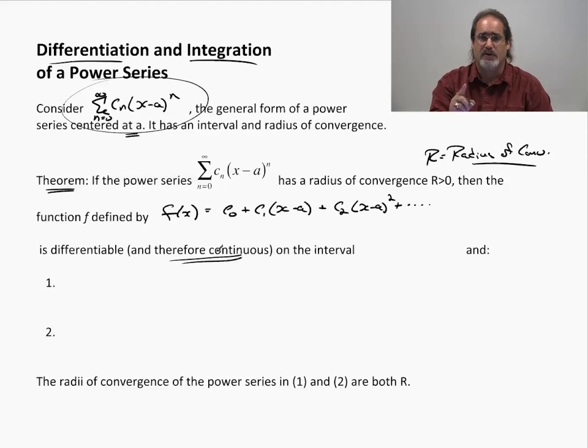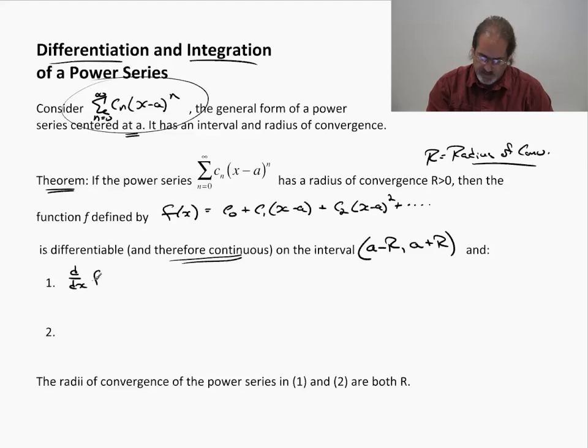And the interval we're talking about here is defined by the radius of convergence, centered at a, which would be a minus r up to a plus r. And the following two facts are true.